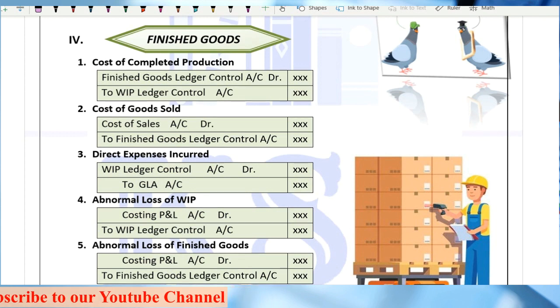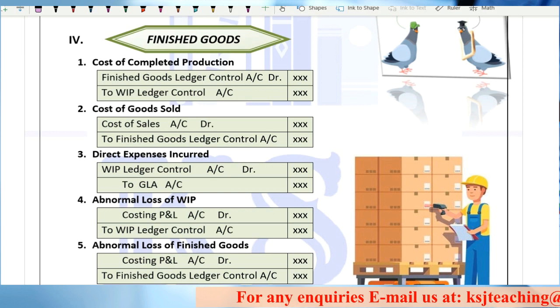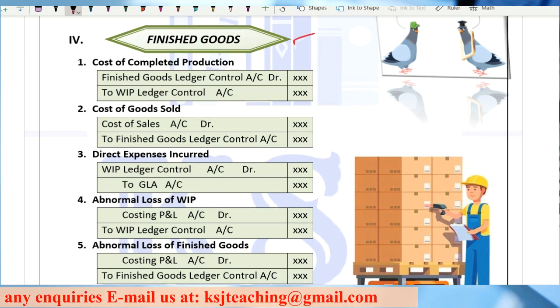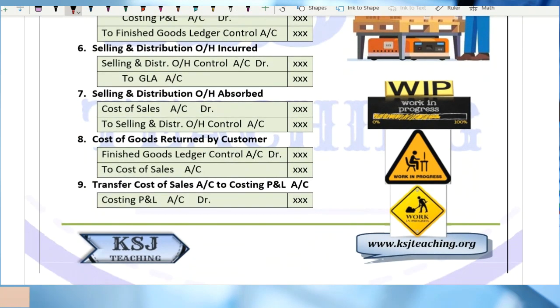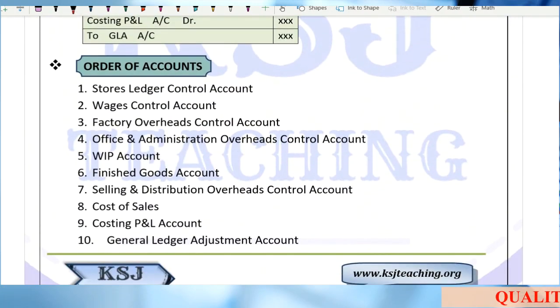I told you that if at the end of the lecture we think that the lecture will be extended, we'll not discuss the finished goods, and that's what has happened. In the next lecture, I will discuss the various journal entries related to finished goods, and the preparation of accounts, in which order normally the accounts are to be prepared.